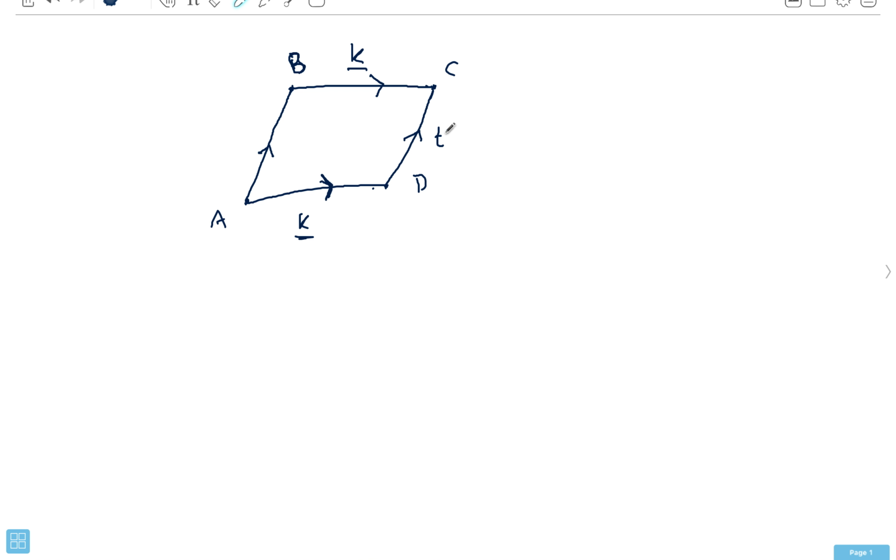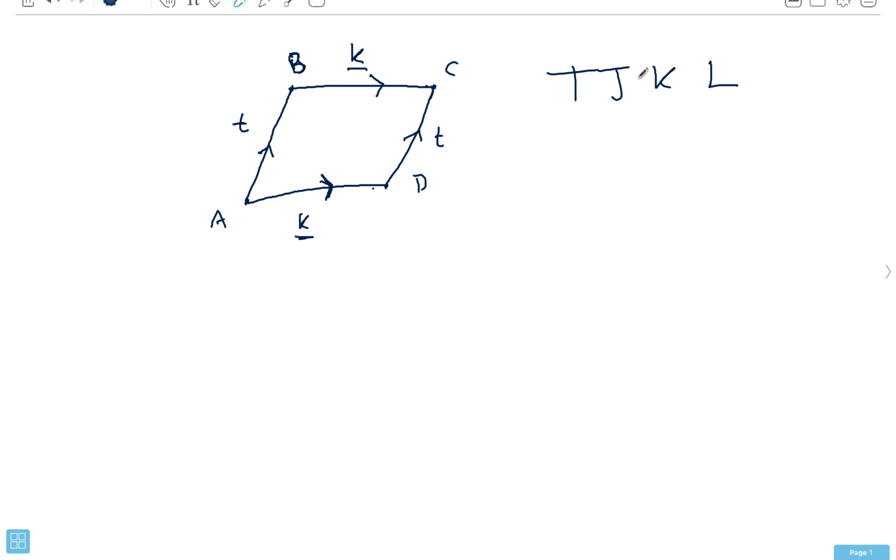We'll call that T. And whenever we have 4 points A, B, C, D, and BC and AD represent the same free vector, we have a parallelogram.